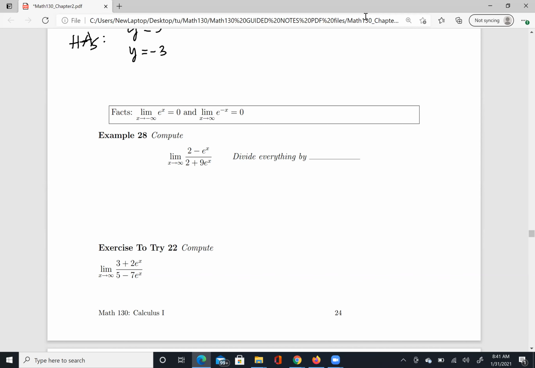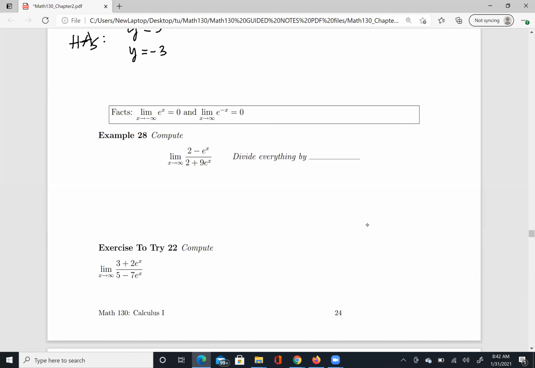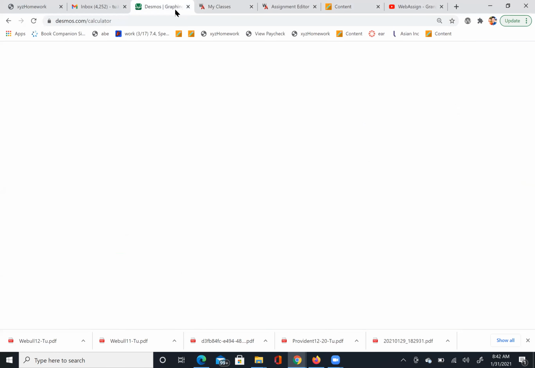And the limit as x goes to infinity of e to the power negative x will also equal 0. You can try to check this on Desmos.